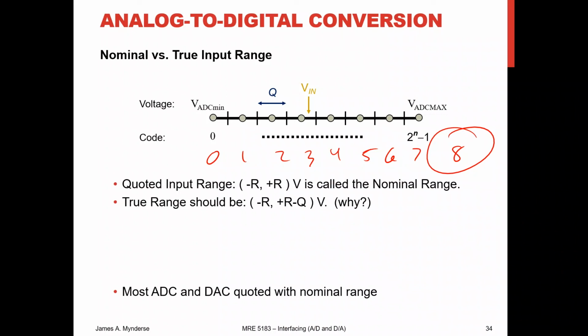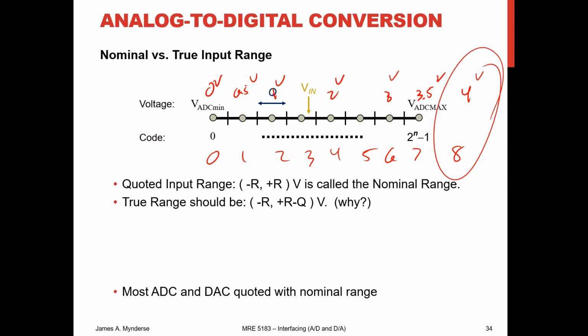But if we think about the example we were just doing, we have 0 volts, 0.5 volts, 1 volt, 2 volts, 3 volts, and then this last one is 3.5 volts, and 4 volts is out here associated with a code that doesn't exist.